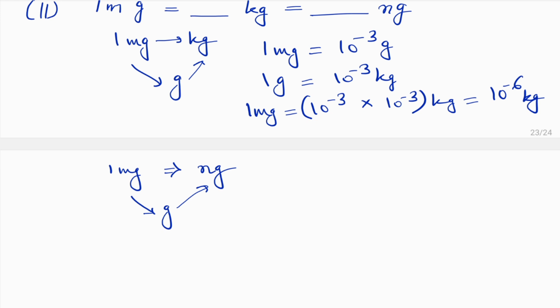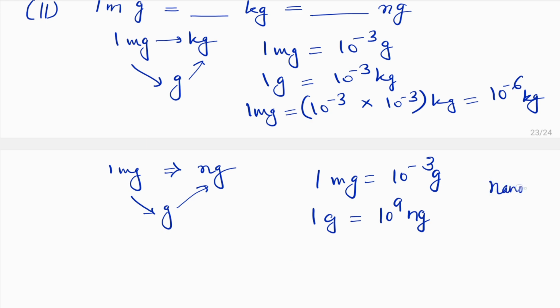So alright, let's take this: 1 milligram is equal to 10 raised to power negative 3 gram, and 1 gram is equal to 10 raised to power 9 nanogram, as we know that nano means 10 raised to power negative 9.